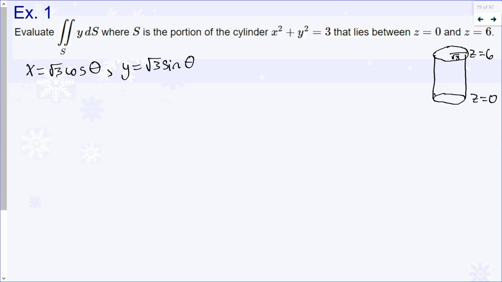So we are going to have z be a parameter. So we are going to have z be itself. And then what we can define is theta varying between 0 and 2 pi, and that will draw out the entire circle. And z will need to vary as well, so we can get the height on the cylinder.